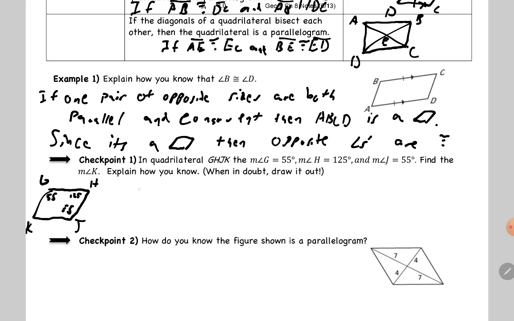So we know that if we add all the interior angles in a quadrilateral, we get 360. So let's find out what that is. 55 plus 55 plus 125 plus x equals 360.